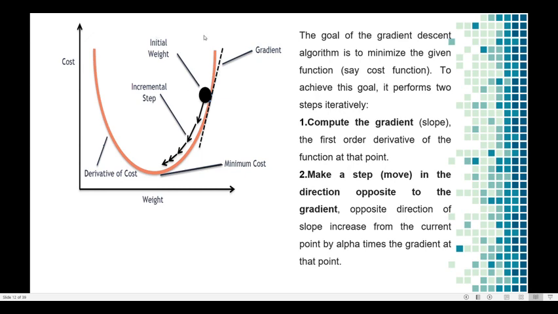We guess an initial weight and calculate the gradient, the slope at that point. Then we move in the direction opposite to the gradient, slowly incrementing, and we will reach the minimum value of the function.